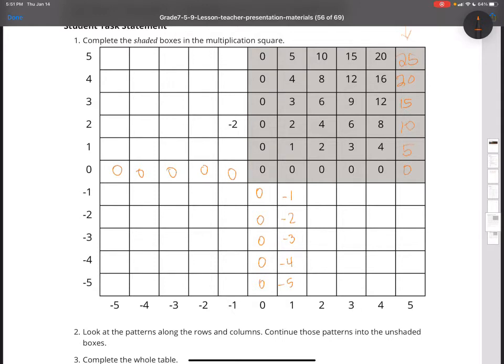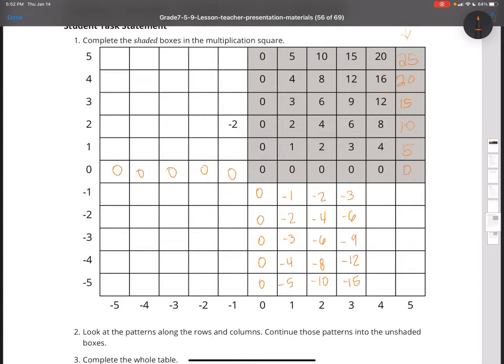So let's keep the same pattern going. So it's going to be -2, -4, -6, -8, -10. All right. And then it's going to be -3, -6, -9, -12, -15.